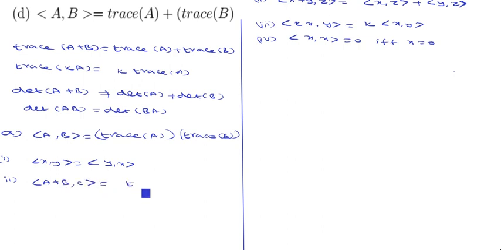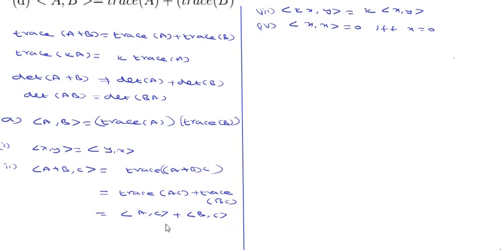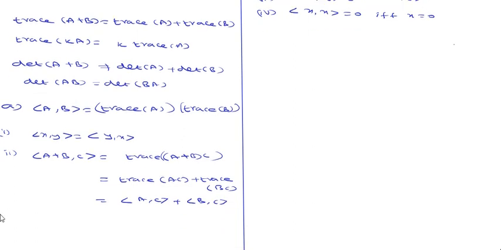So this is equal to trace of (A + B) into C. So this can be written as trace of AC plus trace of BC. Again this is <A, C> plus <B, C>. So therefore the second property is satisfied.